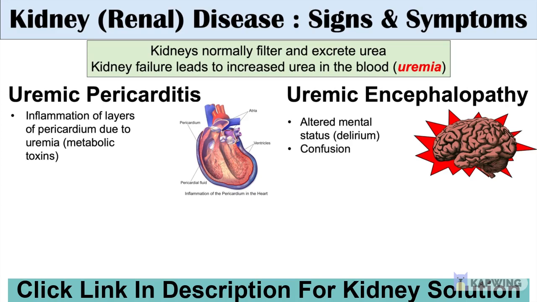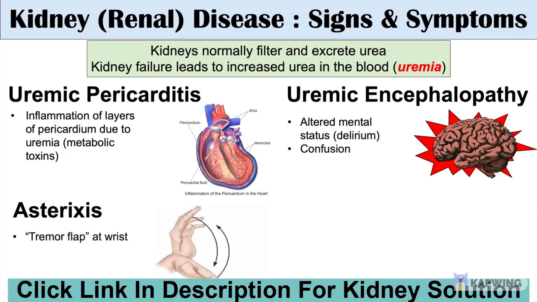And related to uremic encephalopathy is asterixis. When an individual has uremic encephalopathy, they can have this sign known as asterixis. So what is asterixis? It is a tremor flap at the wrist. A clinician will get a patient to put their arms straight out in front of them, lift their wrist like so, and close their eyes.